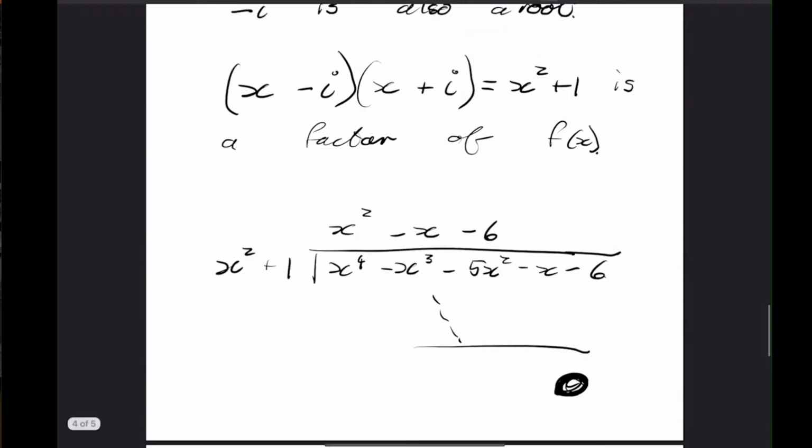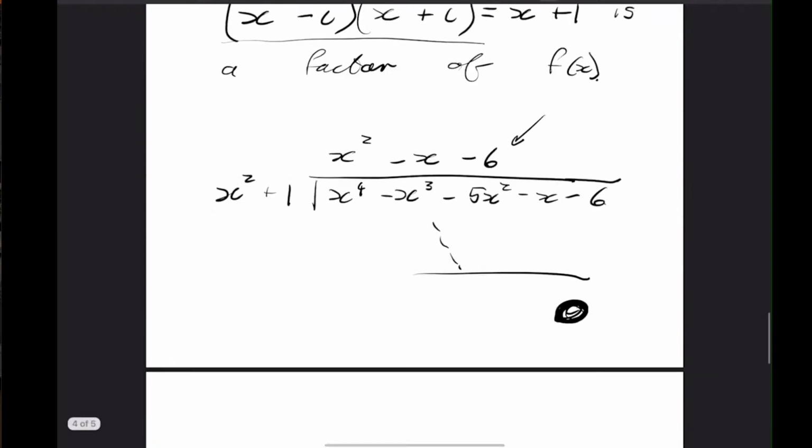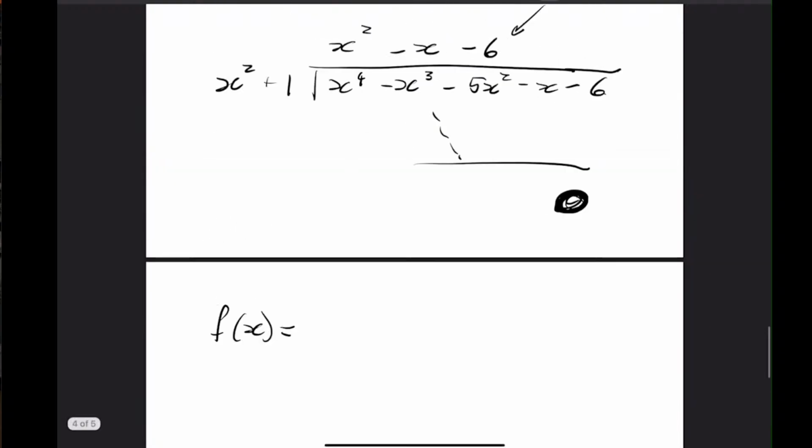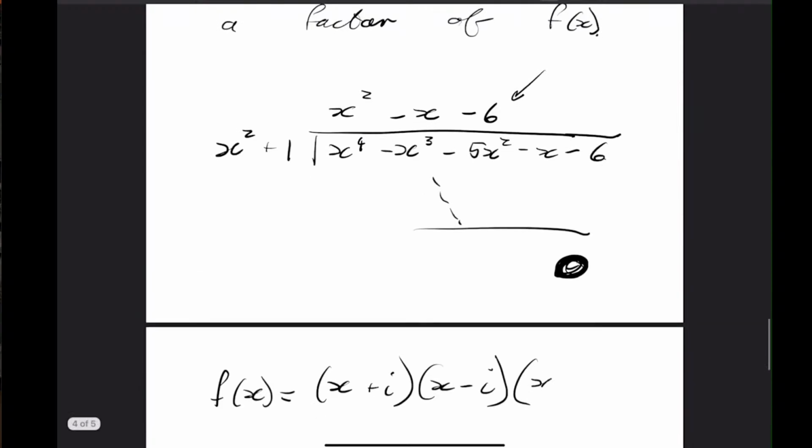That is because this polynomial we know is a factor of f of x. And here is the quotient. So what do we now know? We know f of x is equal to x plus i, x minus i, multiplied by the quotient, x squared minus x minus 6.